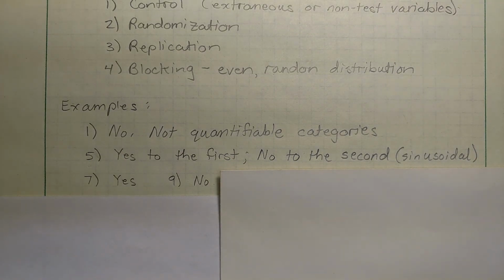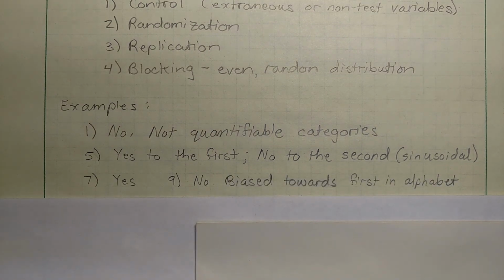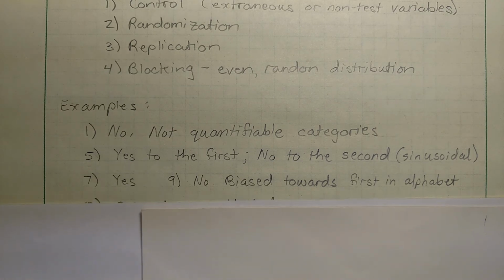If he went through the entire book, it would give a random sample, because each person has a random chance of being called or not. But since he only goes to his first 50, anyone later in the alphabet wouldn't have a chance of being called at all, and those at the beginning have more of a chance. So the problem is it's biased towards those first in the alphabet. That's why it's not random.